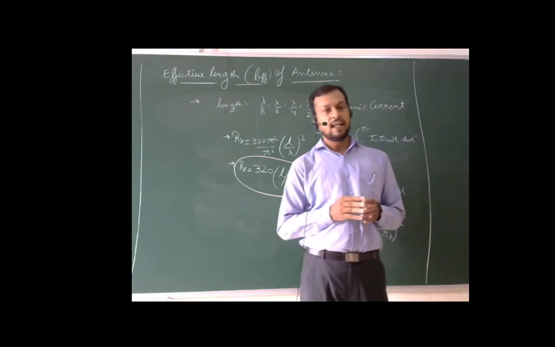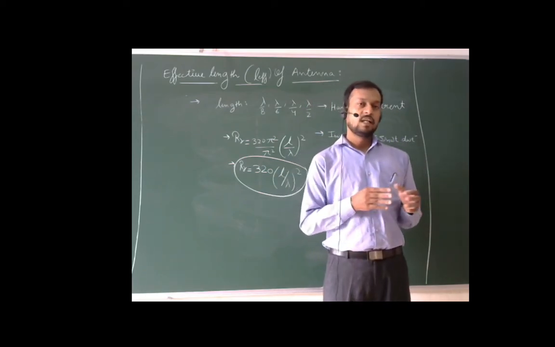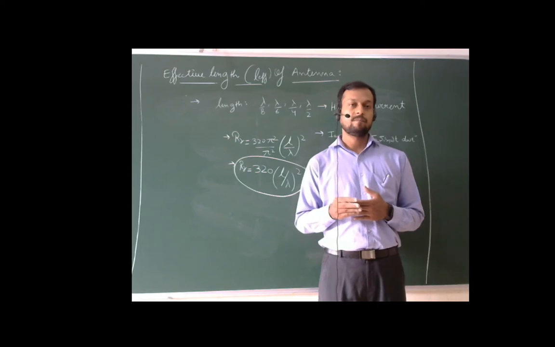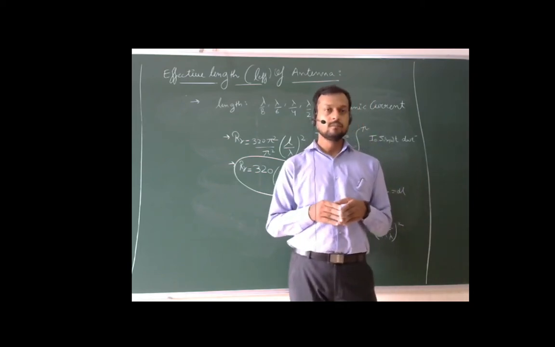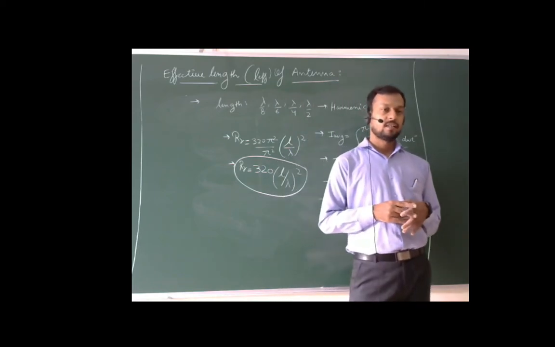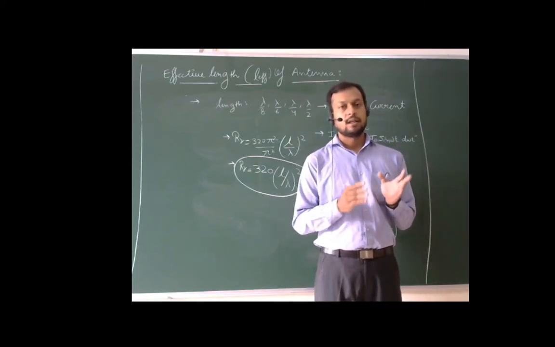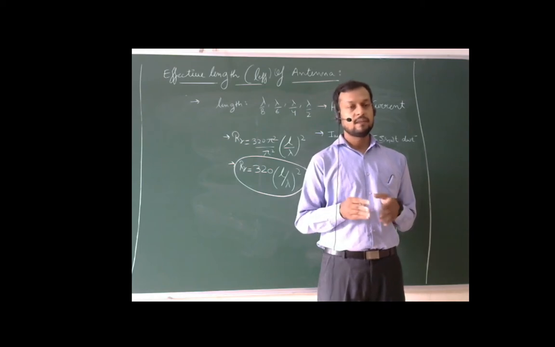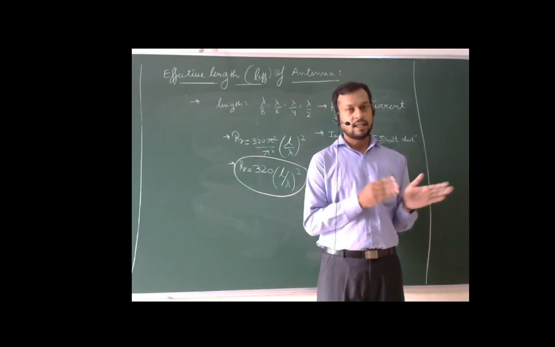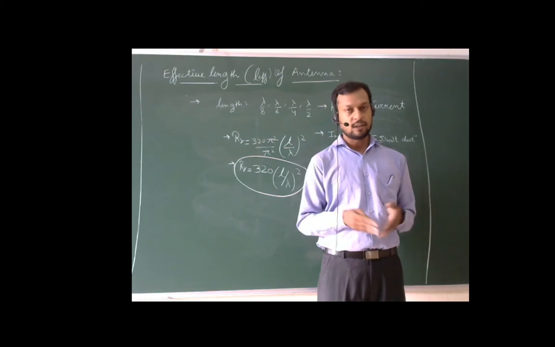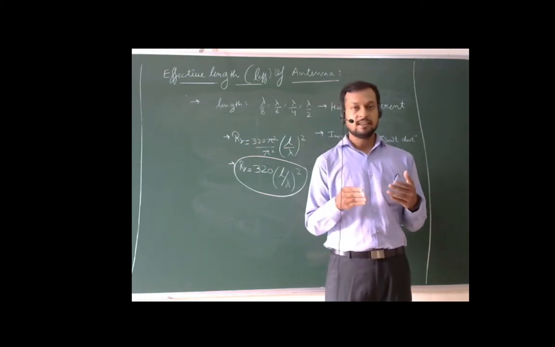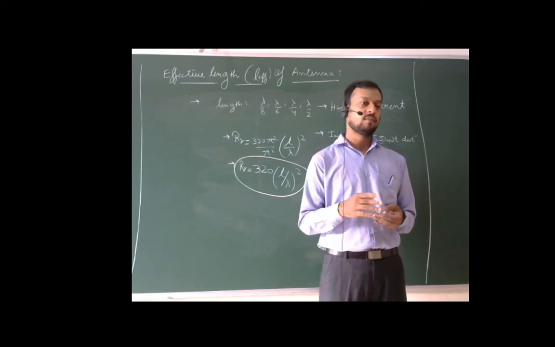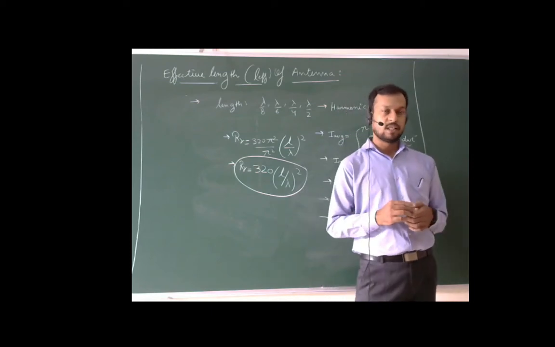Now for the length which varies from lambda by 10 to lambda by 20, the nature of the current is linear. So for that linear current, the average value of the current is I naught by 2, that is maximum current of the signal by 2, and in a similar manner the effective length of the wire is half of the physical length.